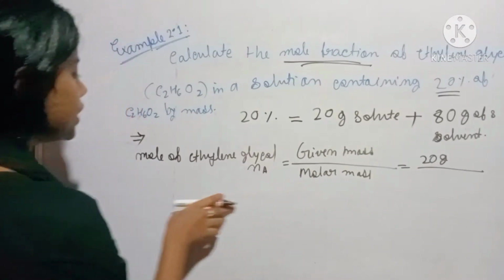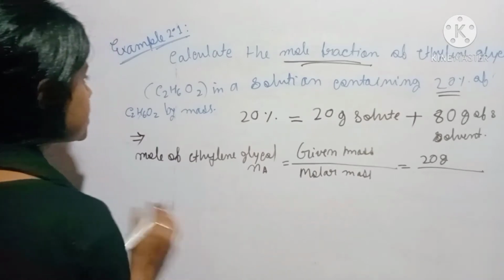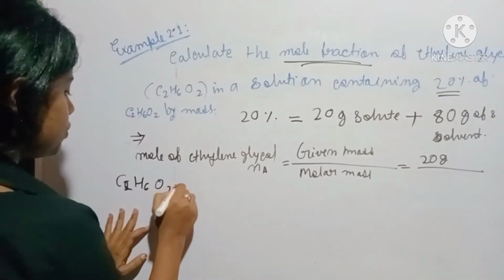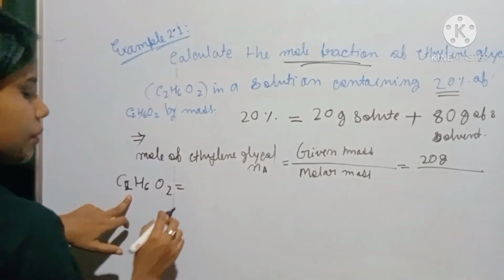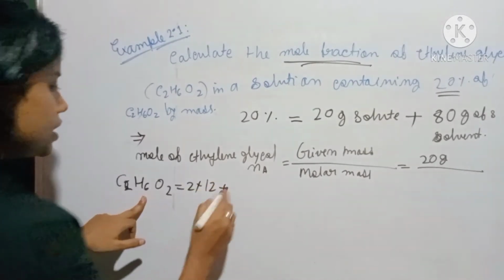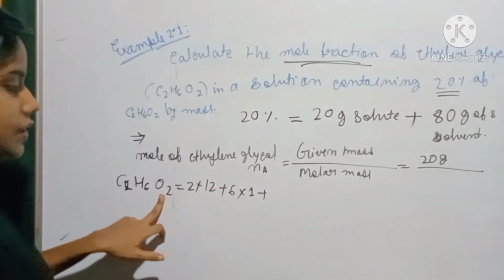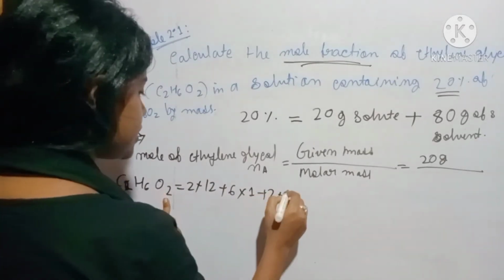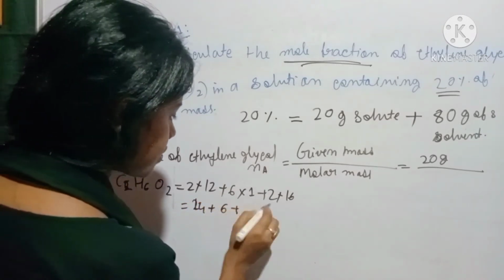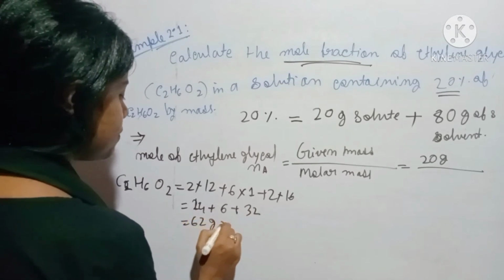We learned these things in first year, about how to calculate molar mass. Here it is C2H6O2. So how can we calculate that molar mass? Here there are 2 carbon, so 2 into the molar mass of carbon, which is 12, plus 6 hydrogen, so 6 into the molar mass of hydrogen, which is 1, plus 2 oxygen, so 2 into the molar mass of oxygen, which is 16. So it will be 24 plus 6 plus 32, so 30 plus 32, it's 62 gram per mole.